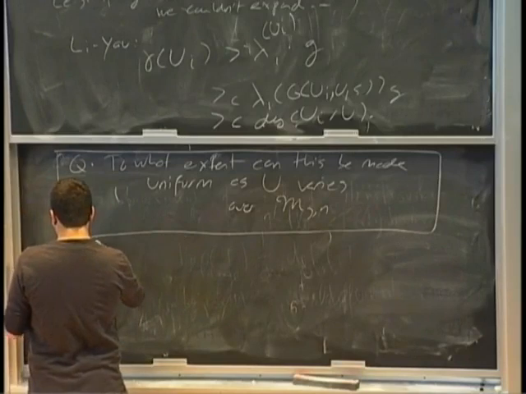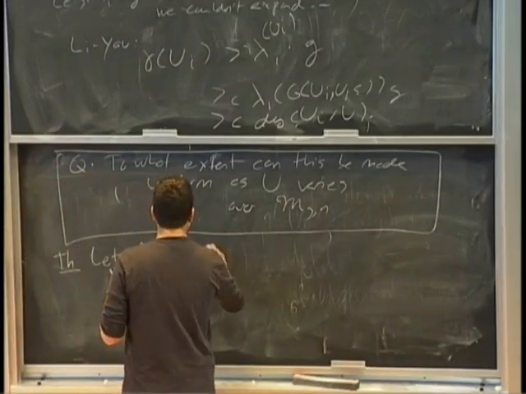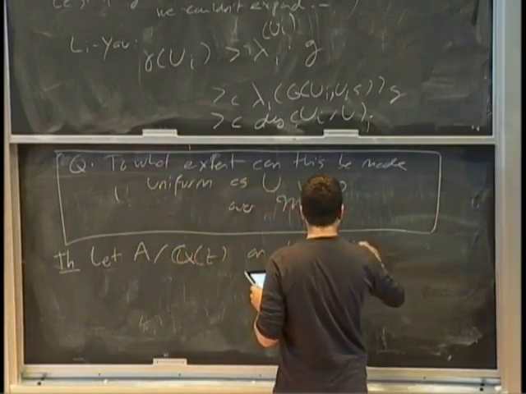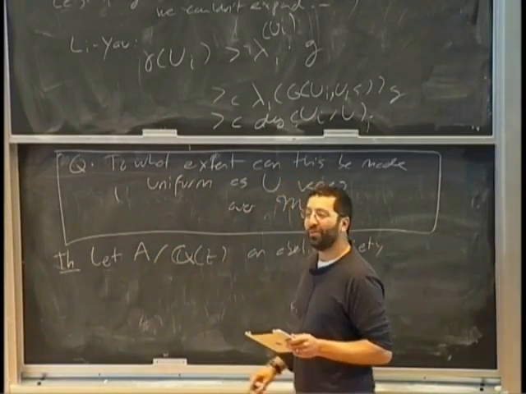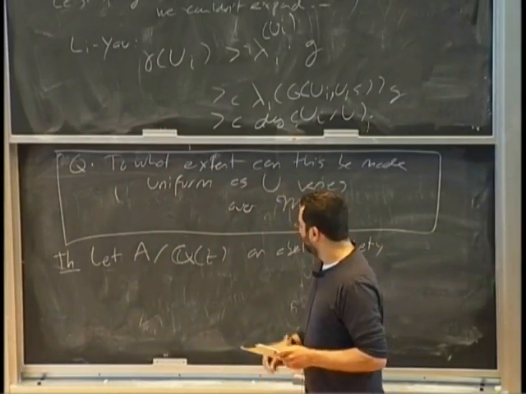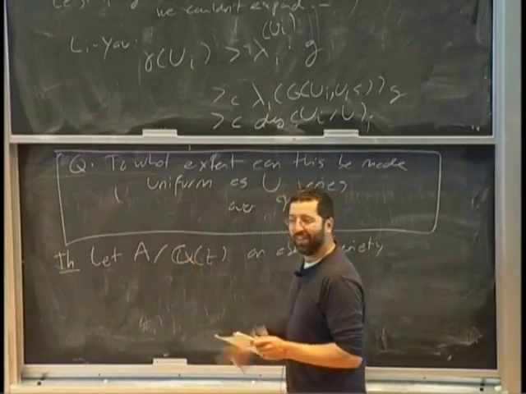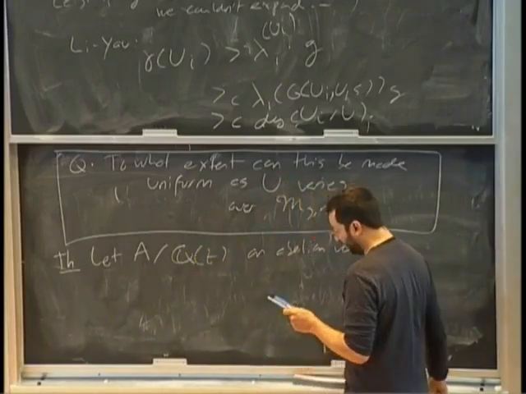So theorem, let A over Q(T) be an abelian variety. In other words, a good way to think of this is as T varies over rational numbers, you can think of this as a family of abelian varieties over Q. Just as in Allen's talk, there was a family of representations. I mean, a representation over a polynomial ring is the same thing as a family of representations that you can specialize to different things.